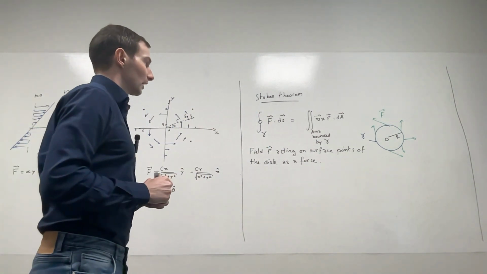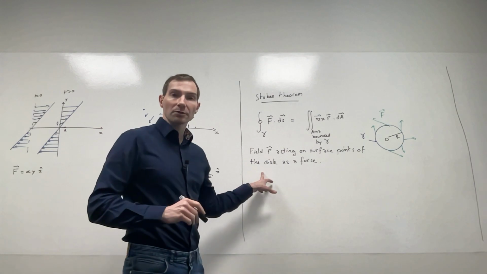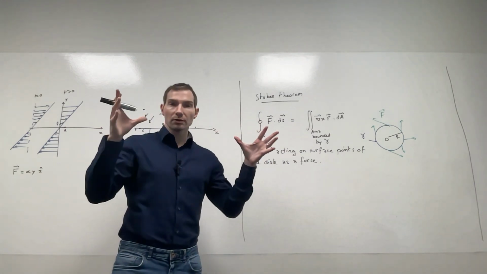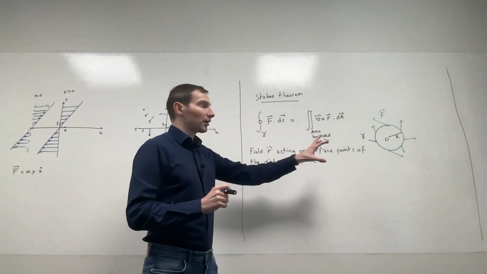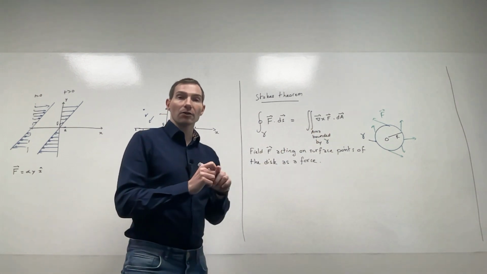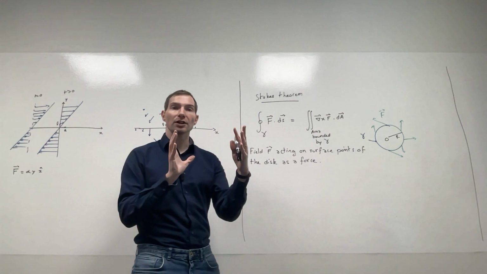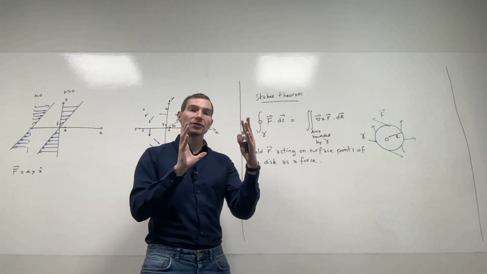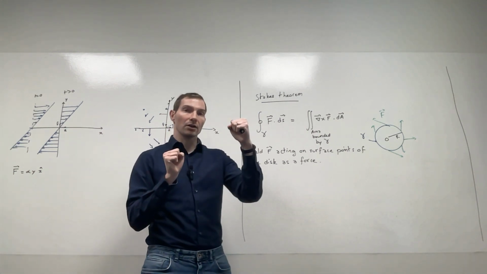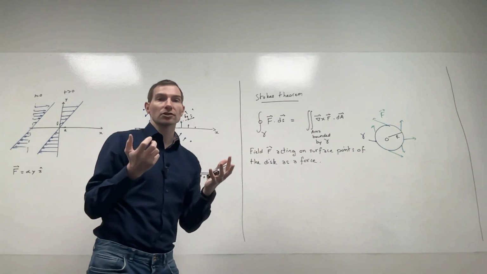That's kind of it. And so what we want to evaluate here is the total moment acting on that particular disk. Now, the moment in mechanics is a quantity that is going to tell you whether the object you're looking at is going to have a torque applied to it. Essentially, that's it.